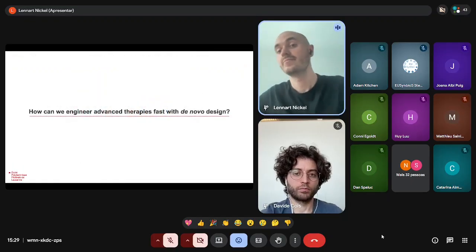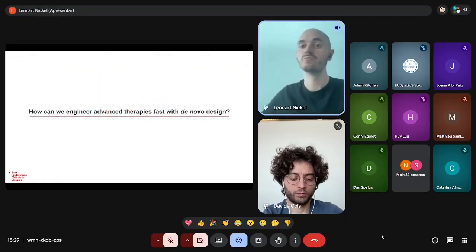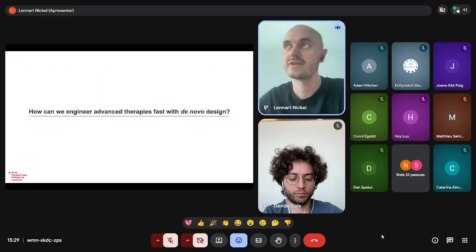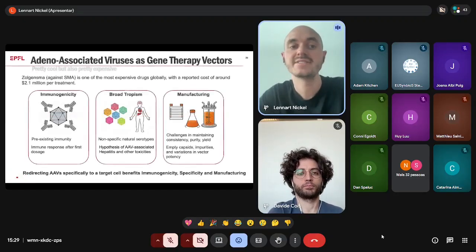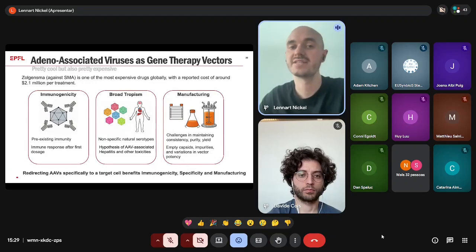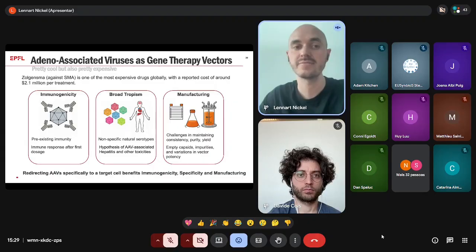Now to switch tracks a little bit and to also move towards a little tour through BindCraft, I want to introduce you to my actual main PhD project, which is to essentially modify viruses for advanced therapies using de novo design. And it's mostly about adeno-associated viruses, which are the most prominent gene therapy vector out there.